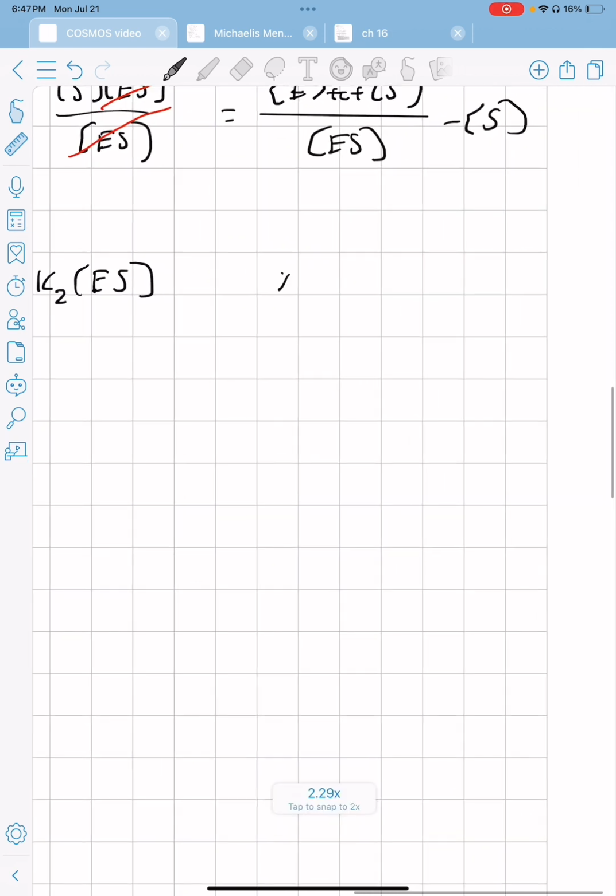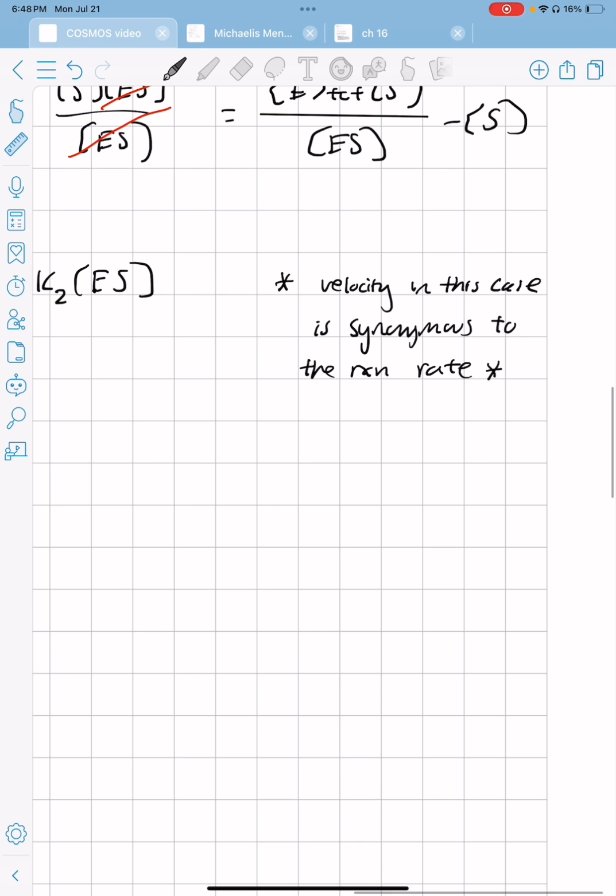And I want to make a note here. Velocity, in this case, is synonymous to the reaction rate. I'm just going to call it velocity in this case.